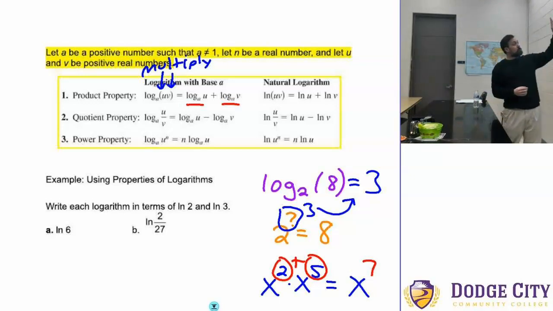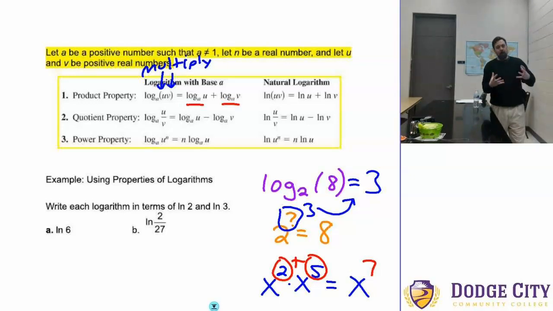So it's multiplication inside the single logarithm, but when we split it up, we add the individual logarithms together. But again, if you can think of it in terms of how exponents behave, it makes perfect sense. When you're multiplying two things together with the same base, you add the exponents. Therefore, we're going to add the logarithms. Because again, just for repetition, logarithms are exponents. They behave as exponents behave.